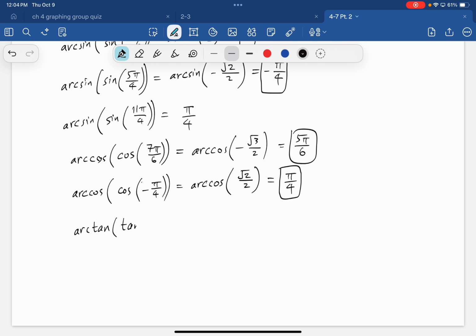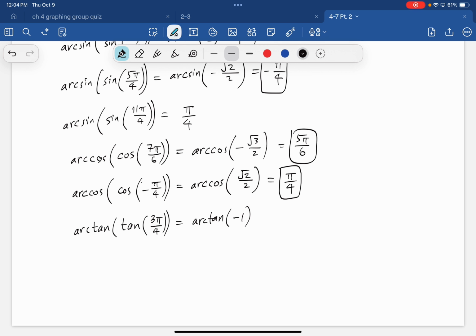Let's do arctangent of tangent of 3 pi over 4. What is tangent 3 pi over 4? Good.